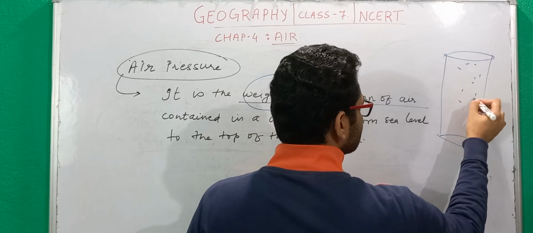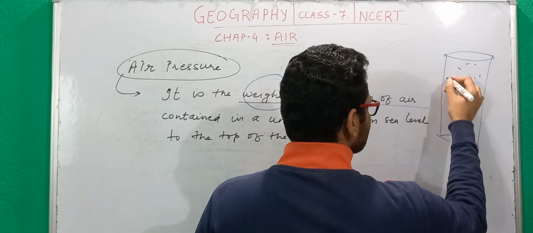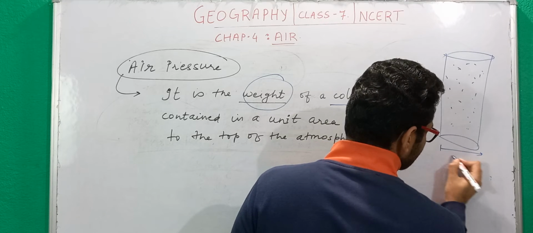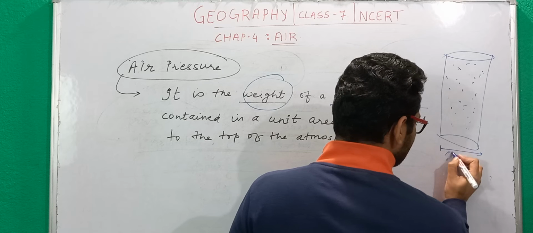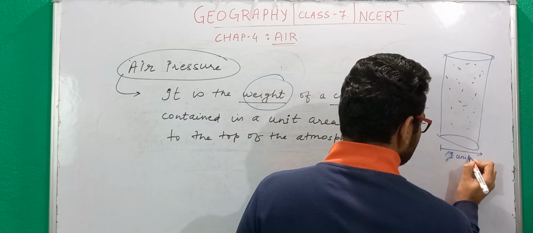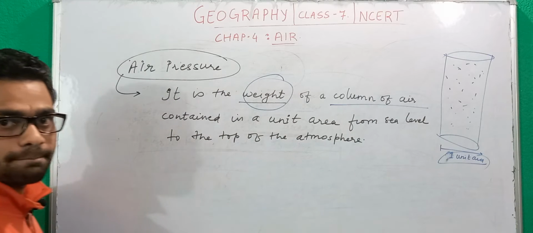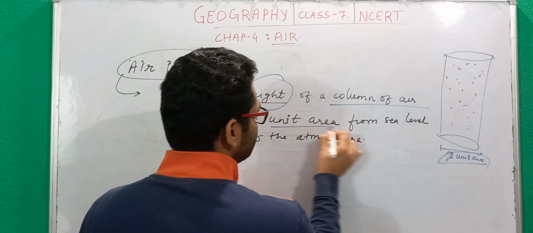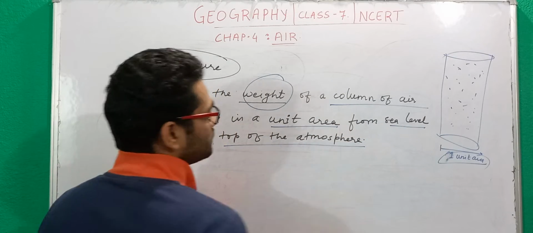We have air in this column, and the area over which I take this column will be 1 unit area, maybe 1 meter square. So, a column of air contained in a unit area from sea level to the top of the atmosphere.